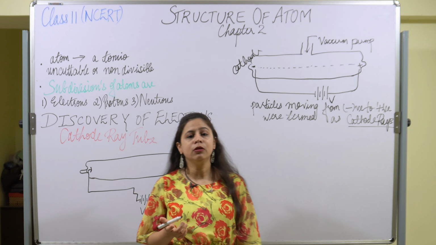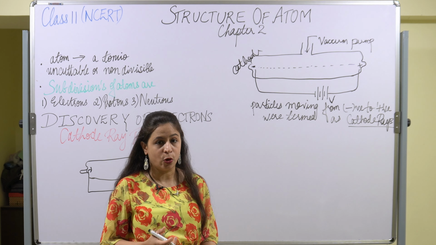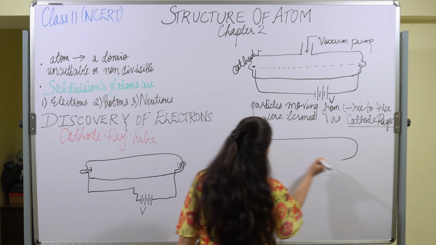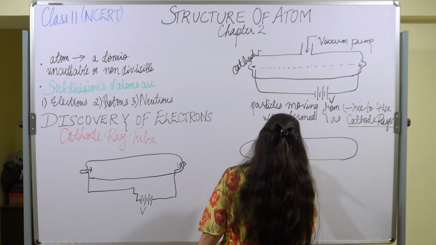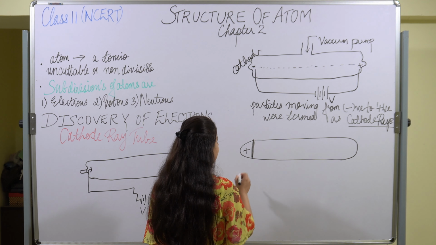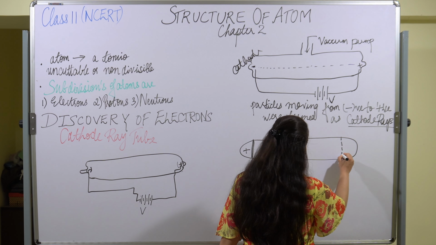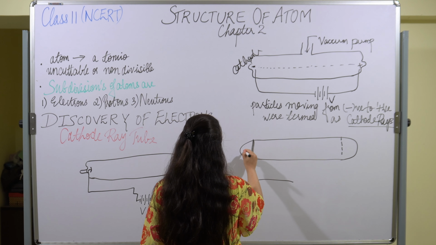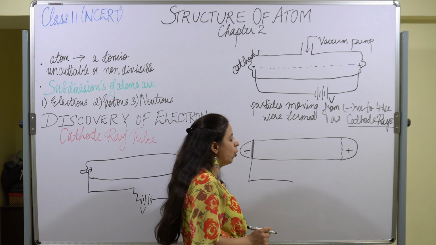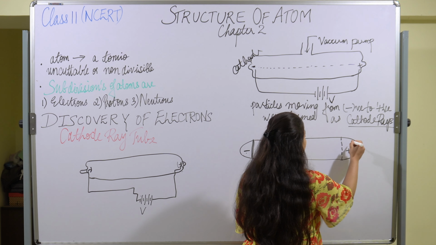Later on, some more experiments were done, and a new concept was brought. The negative plate was kept as it is, but in the positive plate, the anode side plate, a hole was made, and behind the anode a screen was placed.